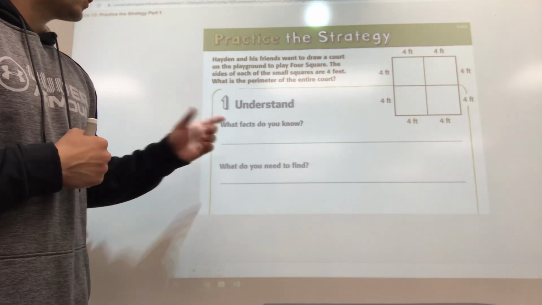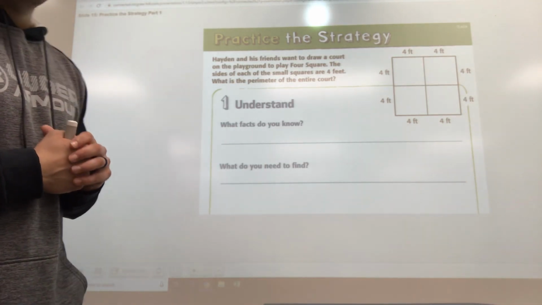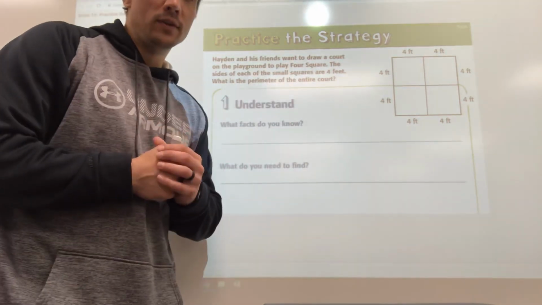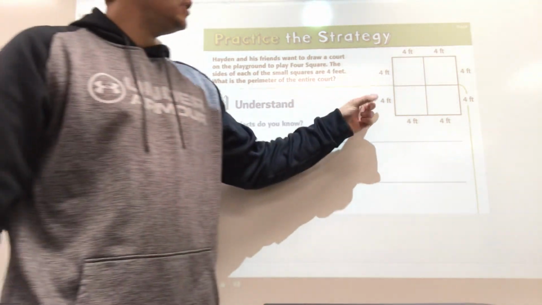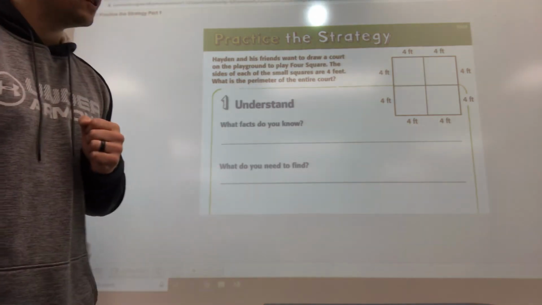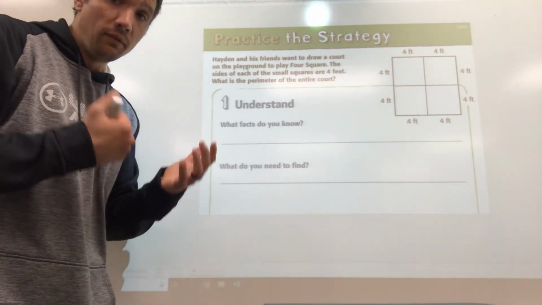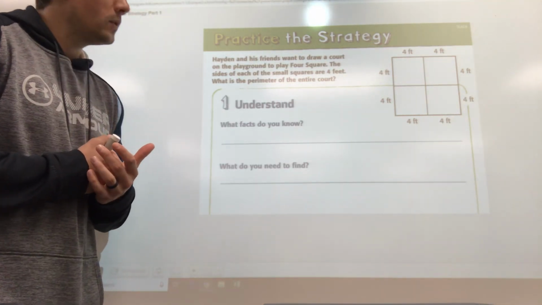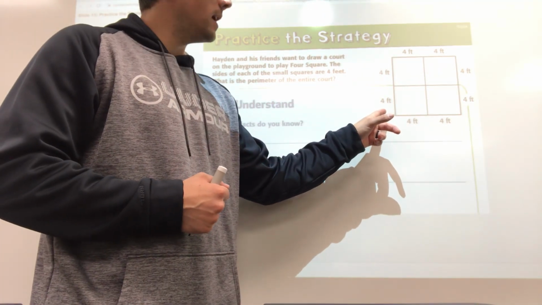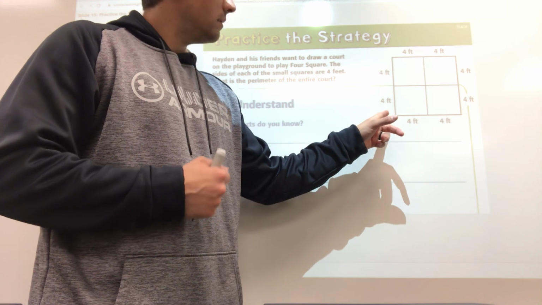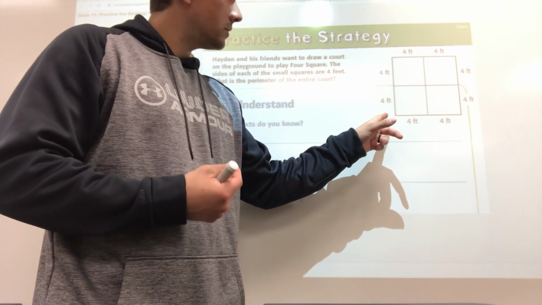And it says, what do you know? Well, I want us to look at this figure that they drew for us. What we know is that each of these squares has side lengths of 4 feet. So when we put all 4 of these squares together, what is the side length of each side?